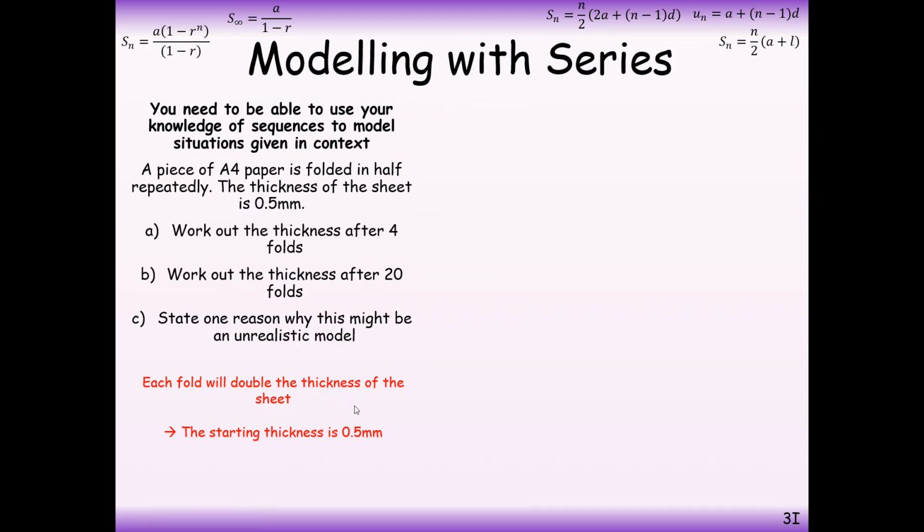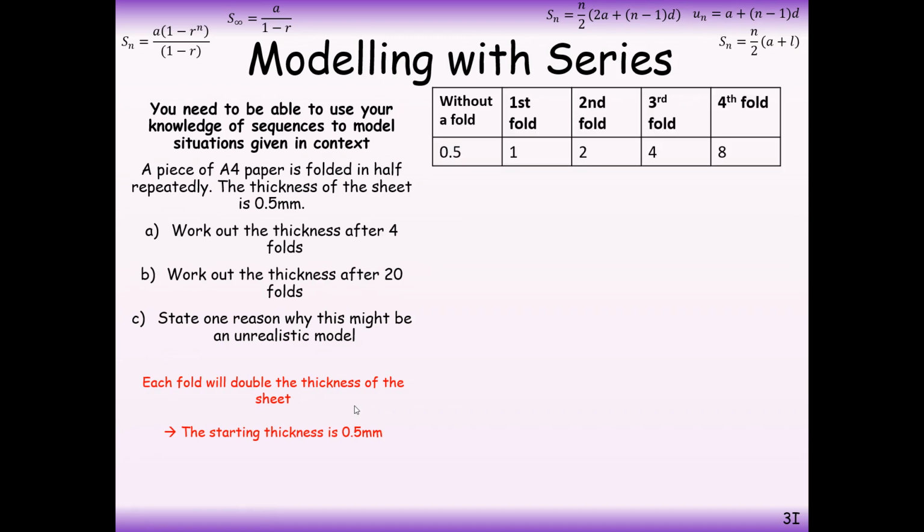The initial value A is half a millimeter. I've just generated this table to make sure you understand what's going on. For the first fold thickness after the first fold, we've already used the ratio once. For measuring the thickness after the second fold, we would have used the ratio twice, and so on. So for the fourth fold, we would have used the ratio 4 times rather than 3 times.